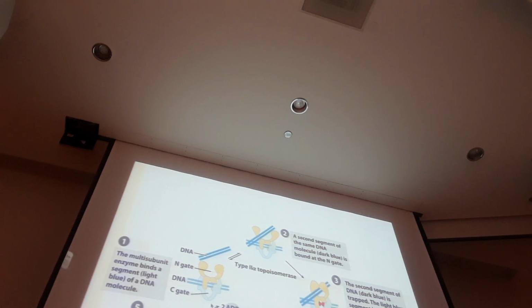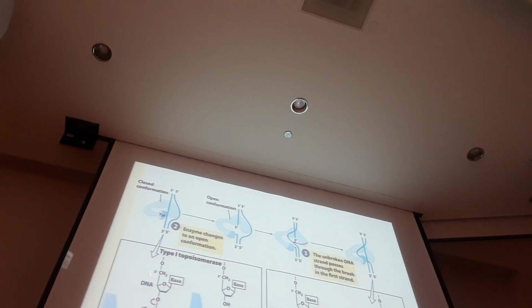What is interesting here is to take a look at what happens in the active site of the topoisomerase, because we have a tyrosine residue that is of crucial importance here. This tyrosine residue, the oxygen of the phenol, attacks the phosphodiester bond and forms a transient covalent bond with one portion of the sugar phosphate backbone.